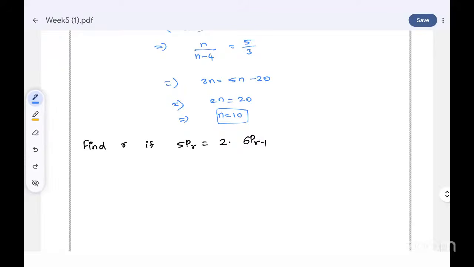What's the answer? It should be 3. r equal to 3. Correct. So how 3? Directly applying formulas.